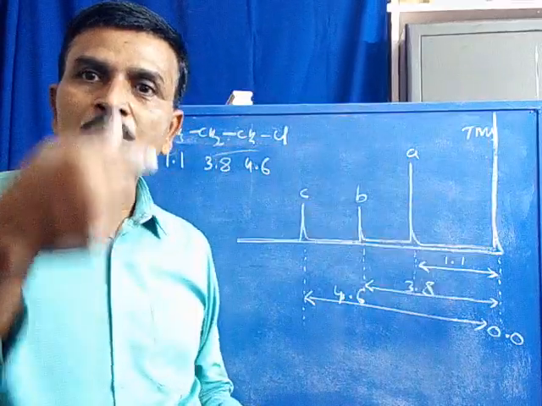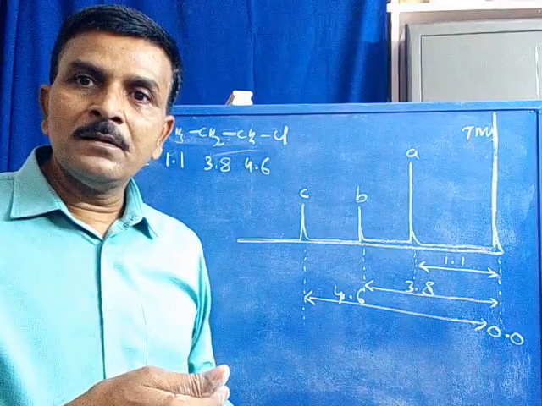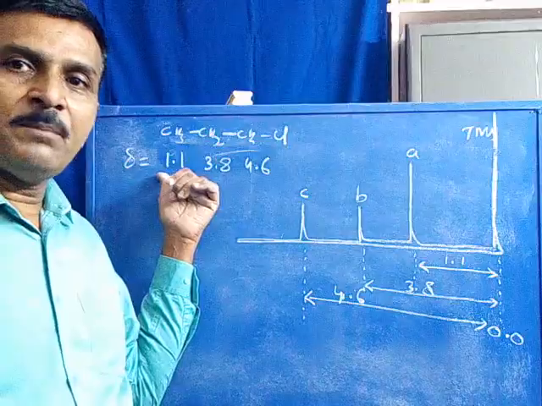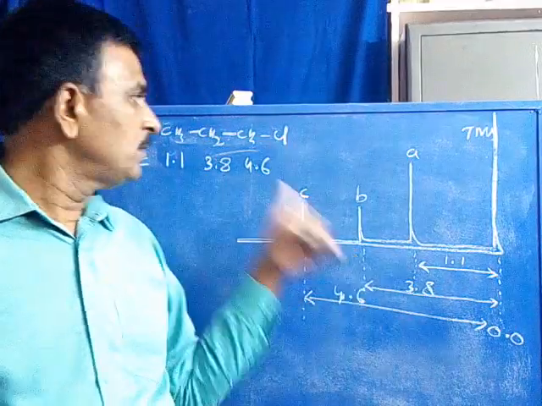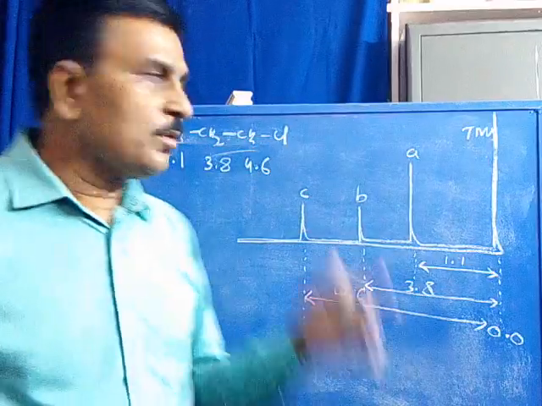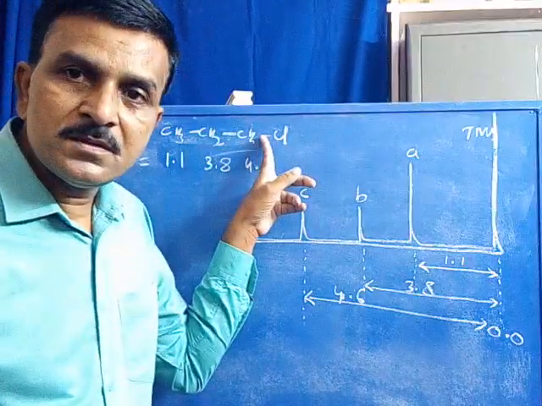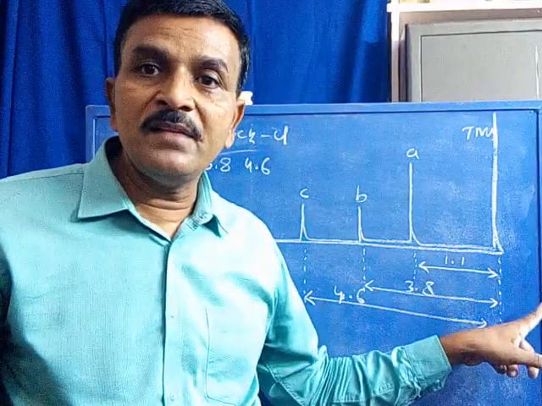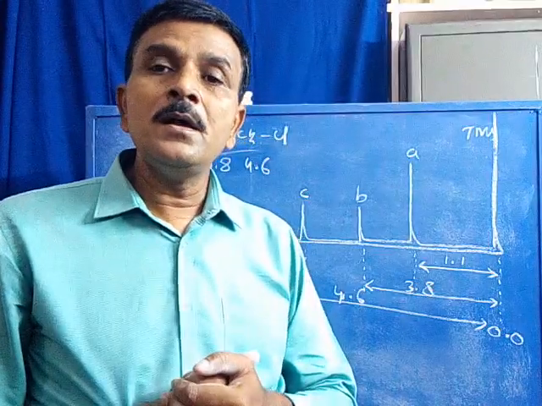Starting from 0.0 to our proton signal, by the process of measuring, we get the absorption frequency 1.1. Similarly, from 0.0 to the second signal position, it is 3.8. The third signal position is 4.6. So we are getting the absorption frequency of sample protons by the process of comparison with what? With the absorption frequency of TMS present in the sample.